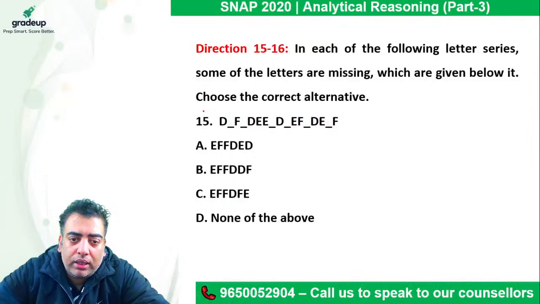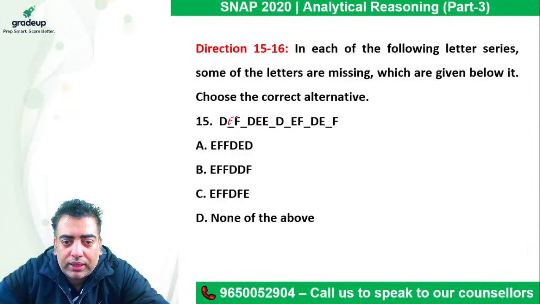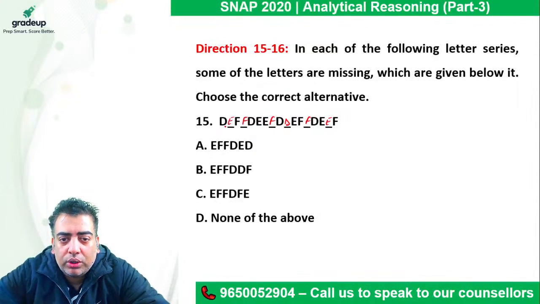All right. So if we use C option, which is EFF, DFE. So it is now DEF, FDE, EFD, DEF, FDE. So I think there is an alphabet which is missing.